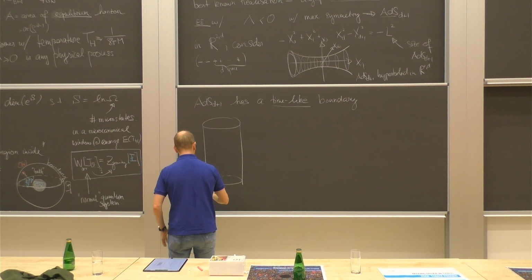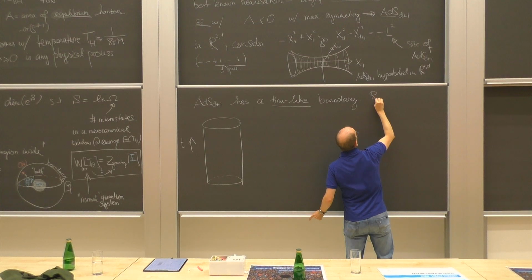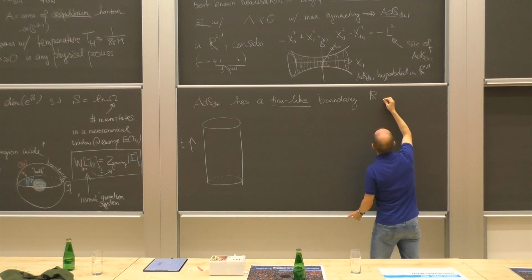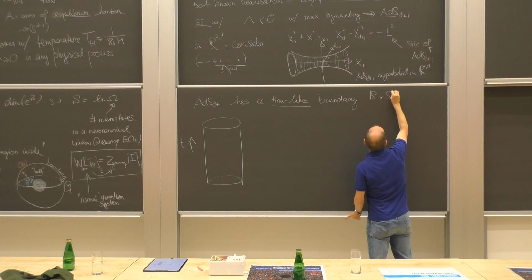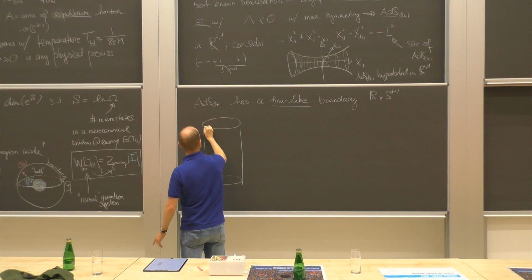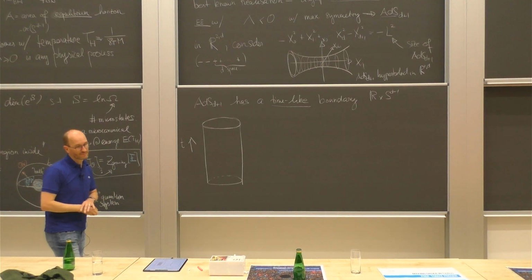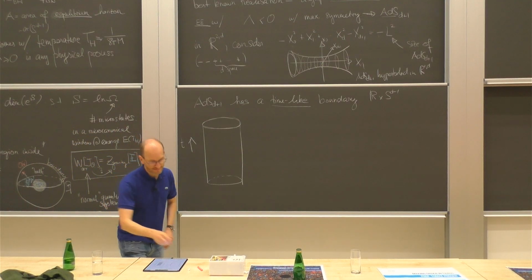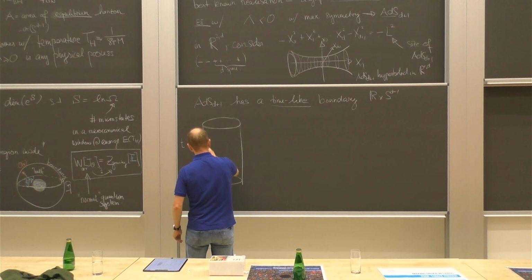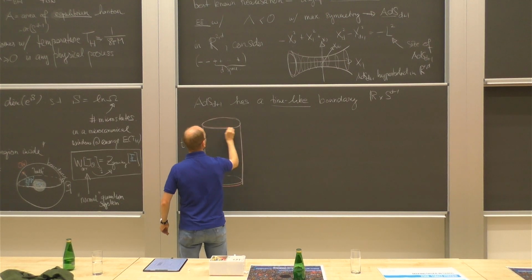So this time-like boundary is of the form R, the arrow of time, times the transverse sphere S^{d-1}. So this thing here, that is an S^1 in my picture, in the higher dimensional case becomes an S^{d-1}. And everything that's the mantle of the cylinder, this will be this boundary.